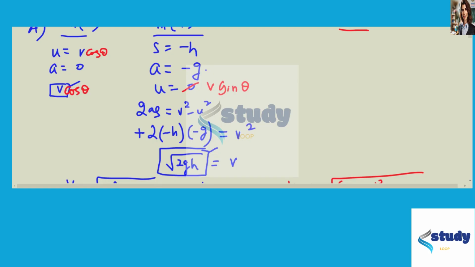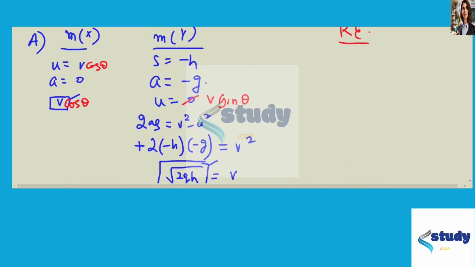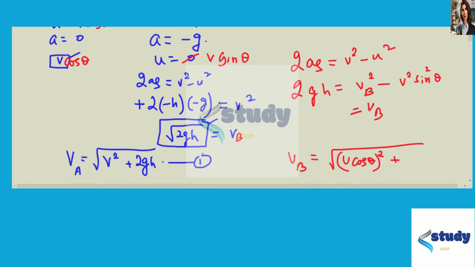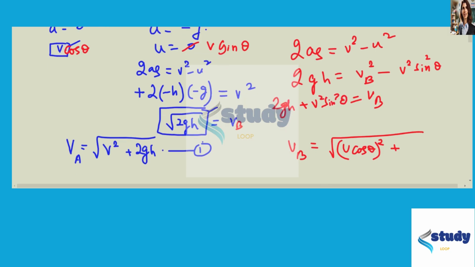We can obtain that speed using 2as equals v squared minus u squared. So 2gh equals v squared minus u squared, which is v squared sine squared theta. So vb squared will be v squared plus 2gh, since we square and add them.